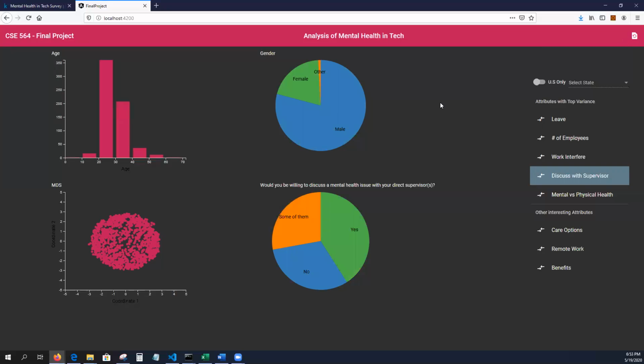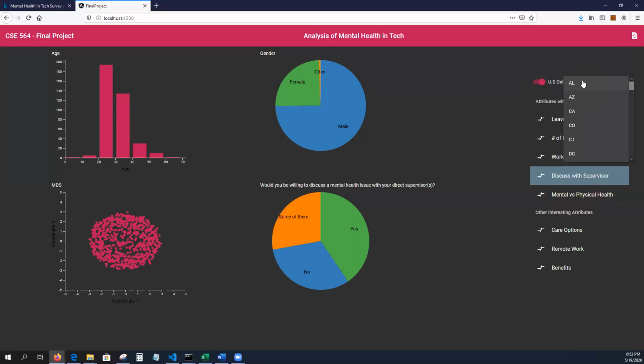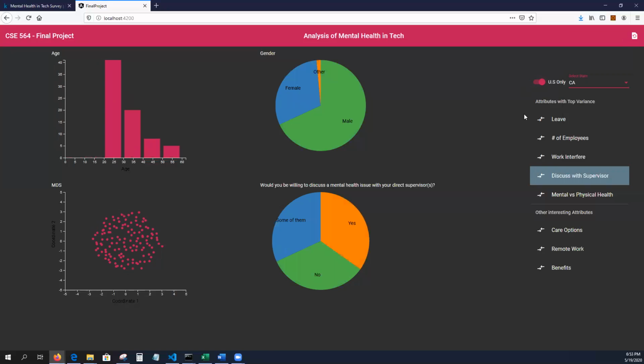And one other thing is, this data we have is from across the world. We can narrow it down to only the United States and observe the data, and within the United States as well, we can narrow it down to a different state and see what happens in that particular state.